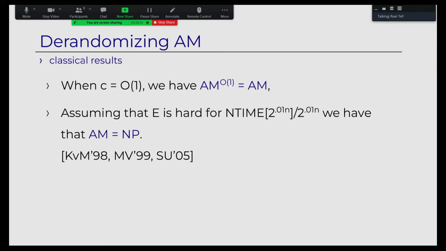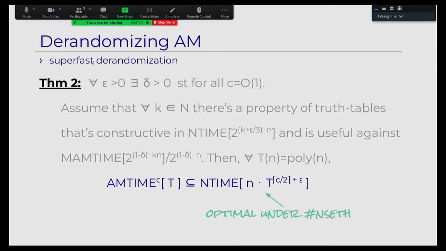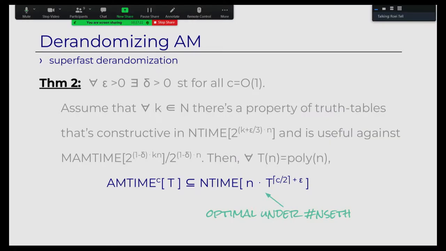And Lydia mentioned one result that I won't focus on, but again, for context, under reasonable hypotheses, which I will gladly go over later, we can even relax what's written here quite considerably. You can derandomize AM with C messages in time t to the C over 2 with some overhead of the input length n.